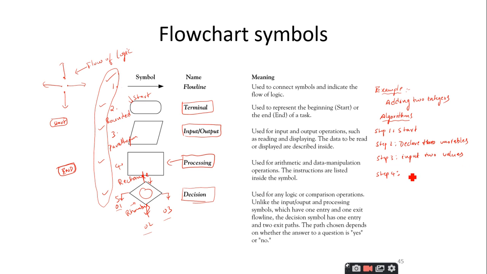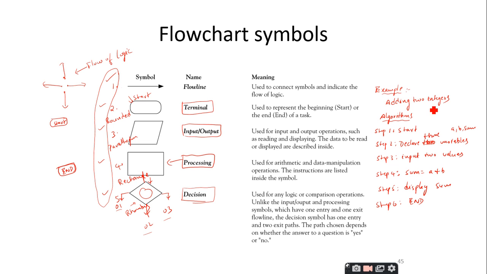Step 4 is do the processing, where you are going to make use of another variable. Let us see these 3 variables: a, b, sum, and processing is sum equal to a plus b. Very simple step. And step 5 is display sum. Step 6 is the end of the algorithm, you write it as end.